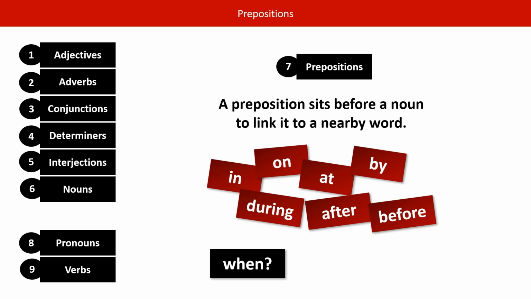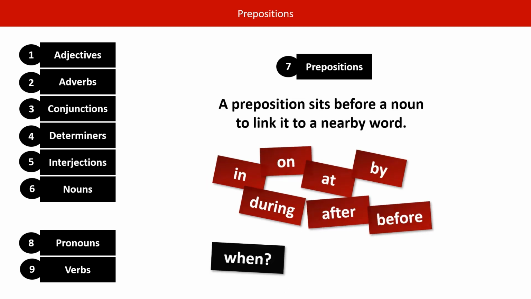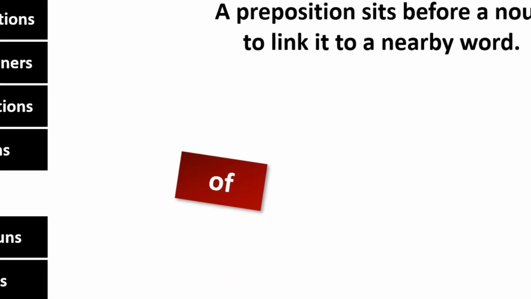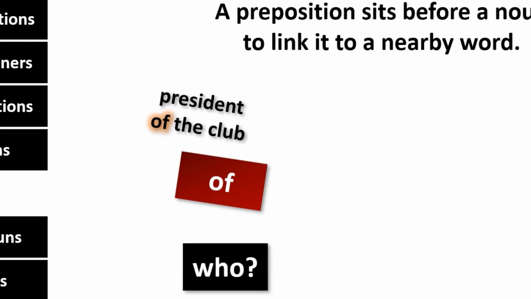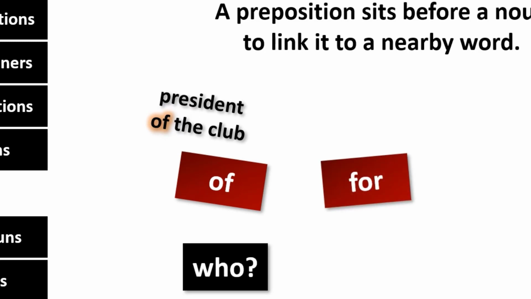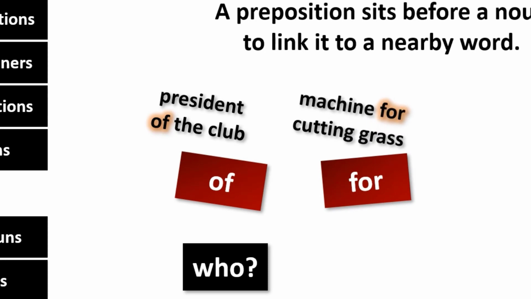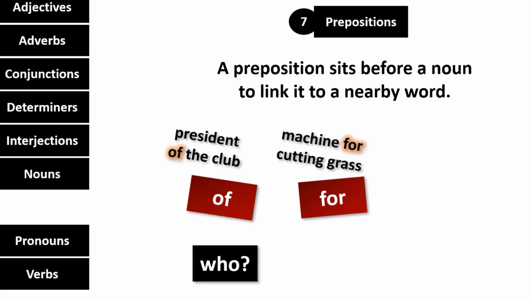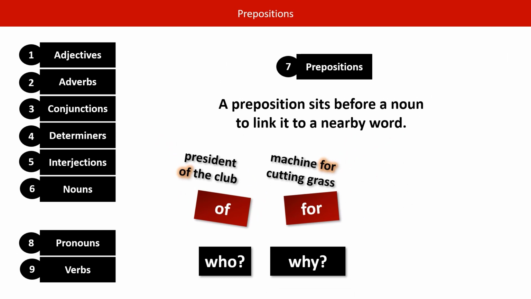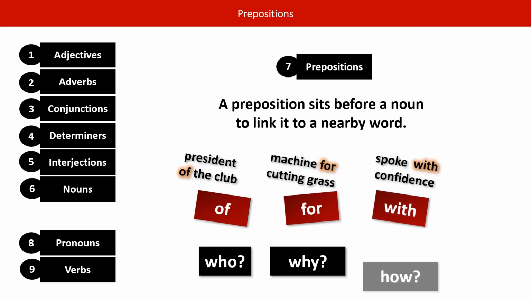But as we've said, prepositions are versatile. Look at these ones. Of is a very common preposition. And here it is in a phrase, president of the club. This one might tell us who. For is another common preposition. Here it is in a phrase, machine for cutting grass. This one might tell us why. With. Spoke with confidence.